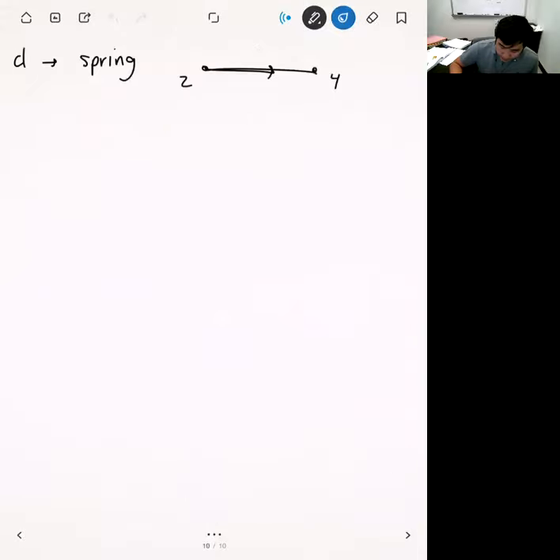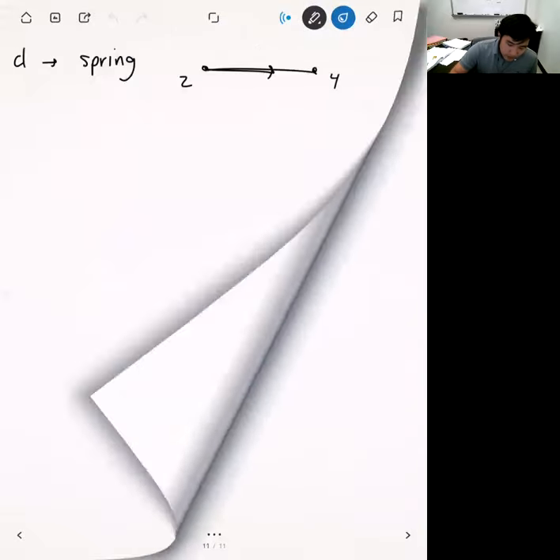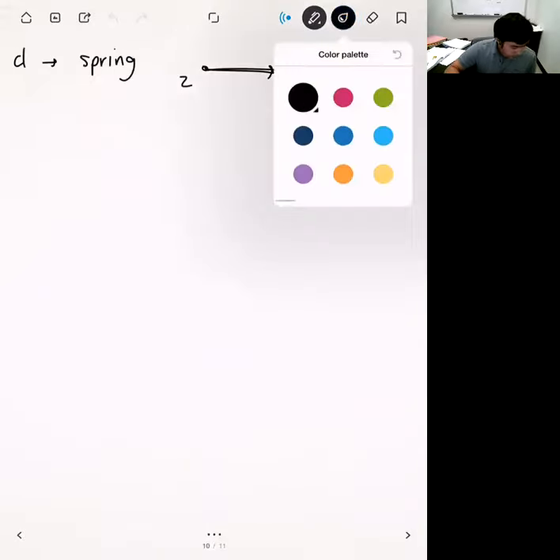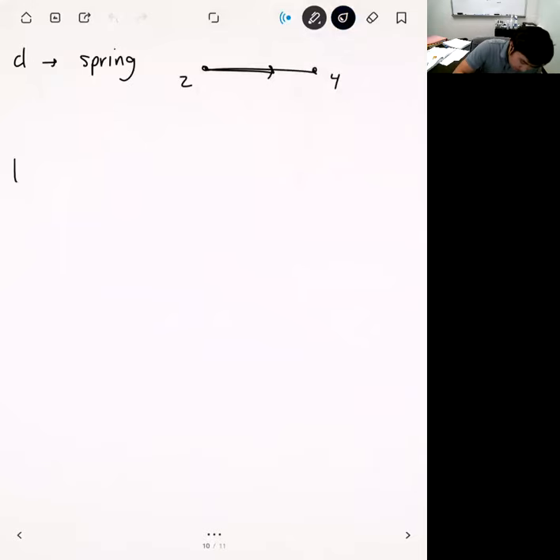Okay. And so if we were to actually write out the full element stiffness matrix for element D, it would look something like this, right? And so element D, the spring constant, by the way, was 500 kilonewtons per meter. And so that's going to be 5E5. Okay.